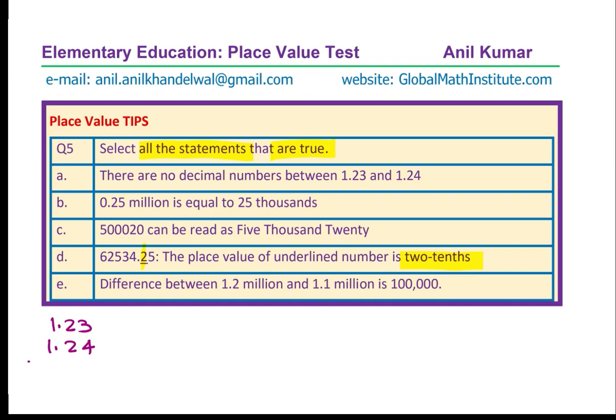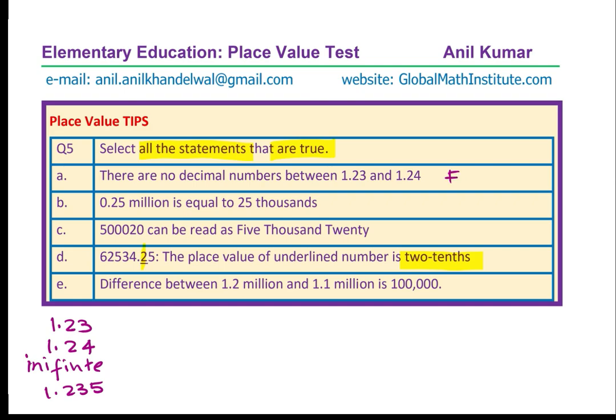Well, I should say there are infinite numbers. We could write 1.235, for example. That is right middle of these two. Do you see that? So there are many numbers between any two numbers. So therefore, this statement is false, not true.